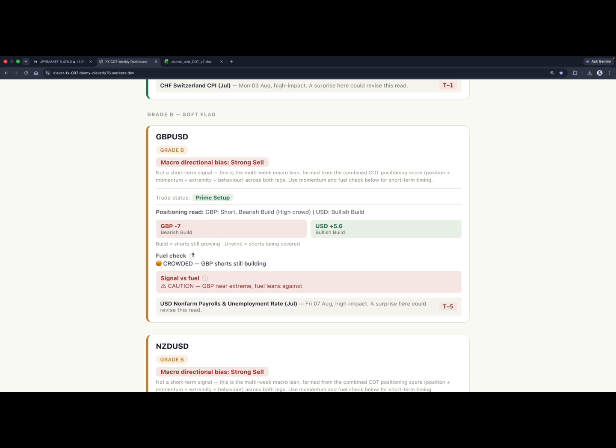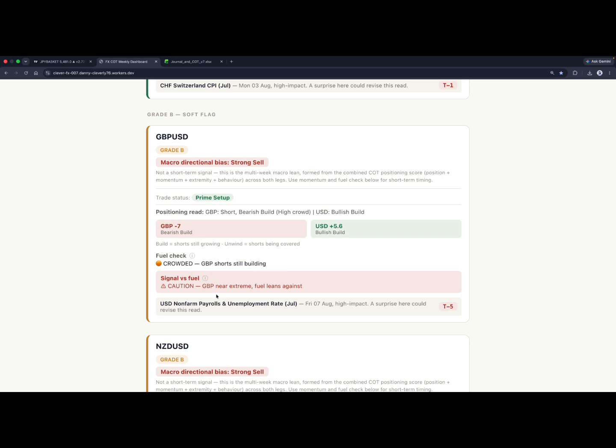So crowded basically means that the pound shorts are still building, and then if you hover over this, you get an explanation. Extreme and getting more so, fuel is still being loaded and nothing has lit it. Can stay this way for weeks or months.